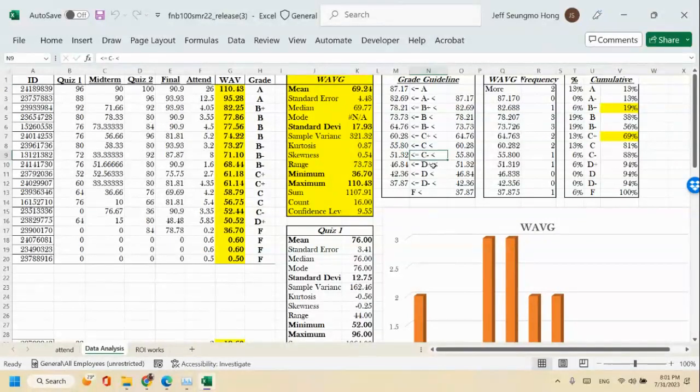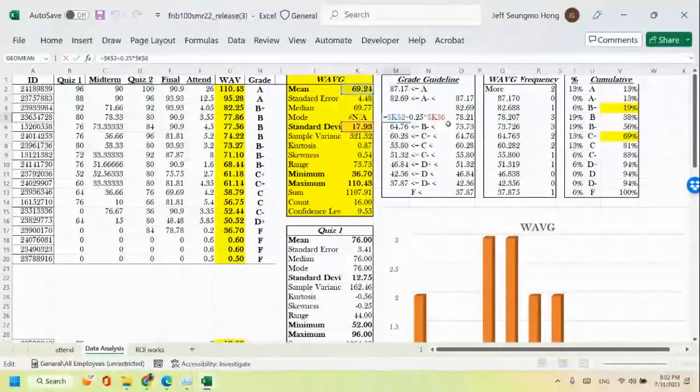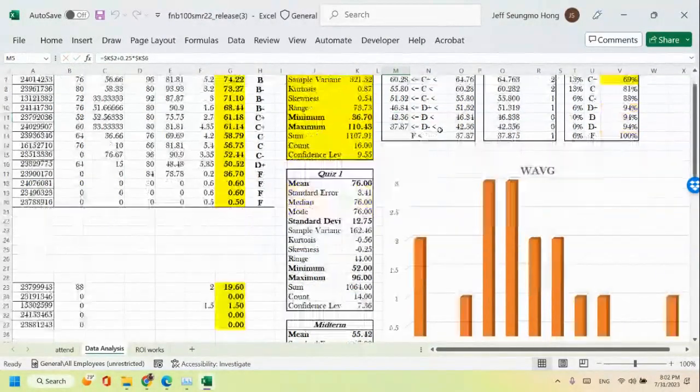If the mean is about 60, usually the range for B minus is from mean minus 0.25 standard deviation to 0.25 standard deviation above the mean, and so on.